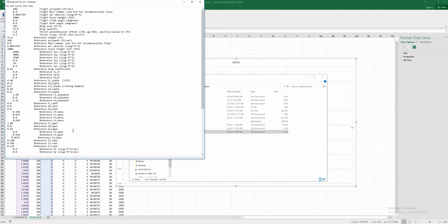I'm going to make that more positive so that the aircraft is stronger in yaw stability, and I'm not going to touch the roll stability. CL beta is the roll stability derivative. I'm just going to strengthen the yaw stability by roughly doubling it. I'm just going to put a 1 right there and save that.